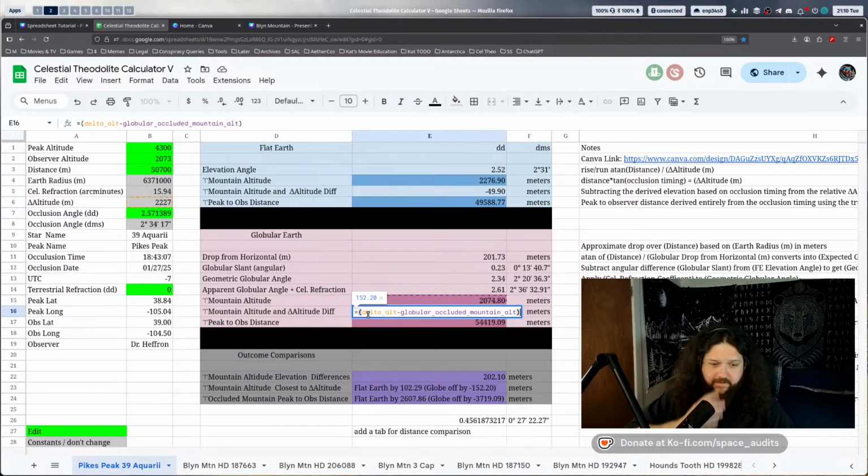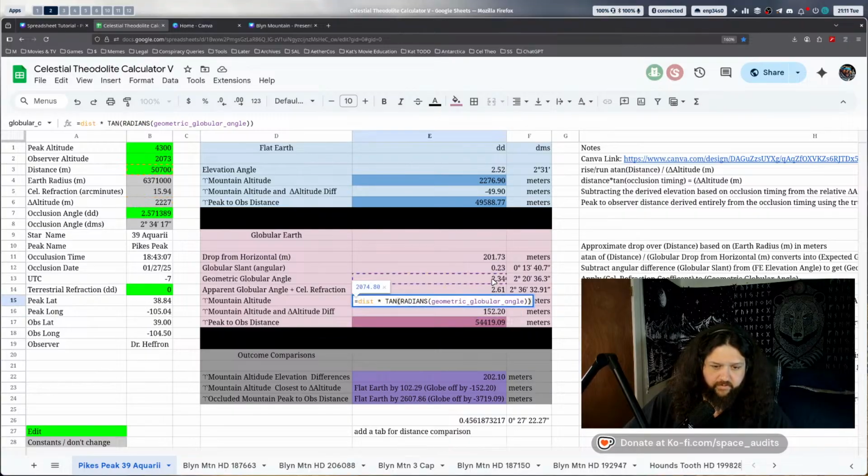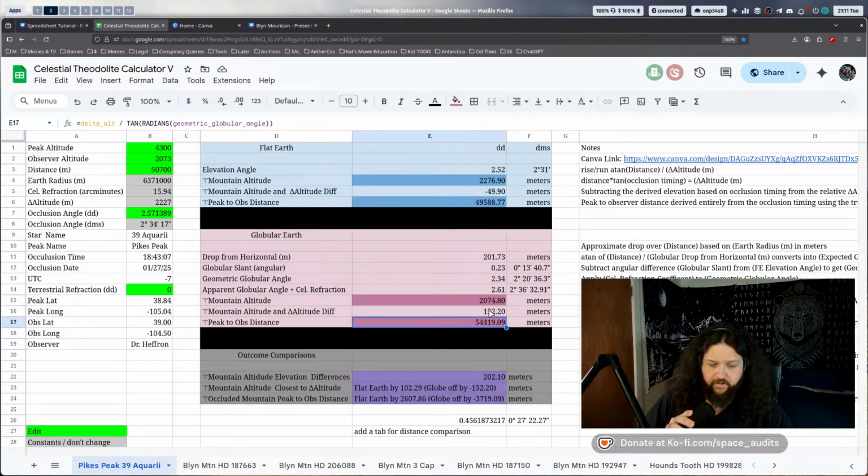Okay, so with delta alt minus the globe occlusion angle, or globular occluded mountain angle, I think that's a different formula than what I was seeing. Yeah, I just updated it earlier, I think.